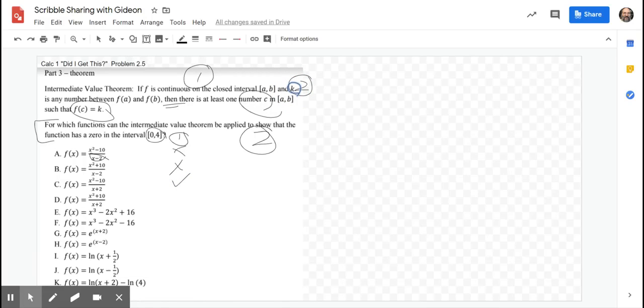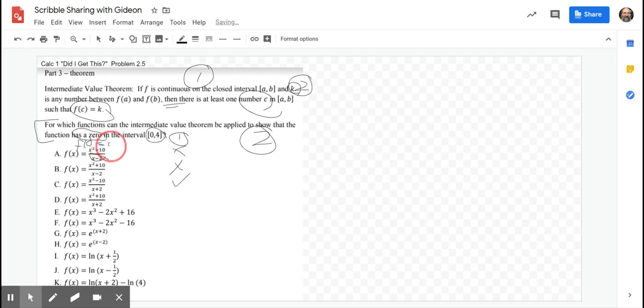For which functions can the intermediate value theorem be applied to show that the function has a 0? That means the 0 is our goal. We're trying to find the c that goes to 0. We're trying to find f of c equals 0. That's what has a 0 means.